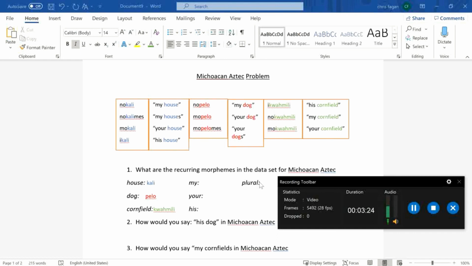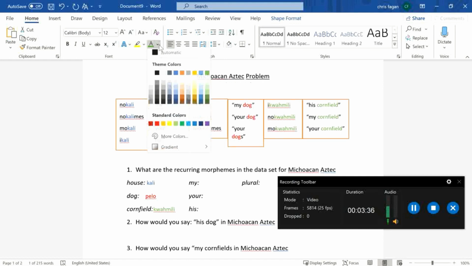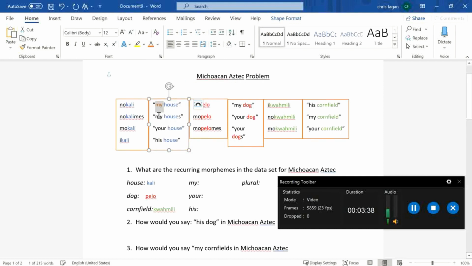Now I need to look for the other recurring morphemes for the pronouns and for the plural, right? So I see the first person pronoun. So my, and my. And look, again, I see the same one there.